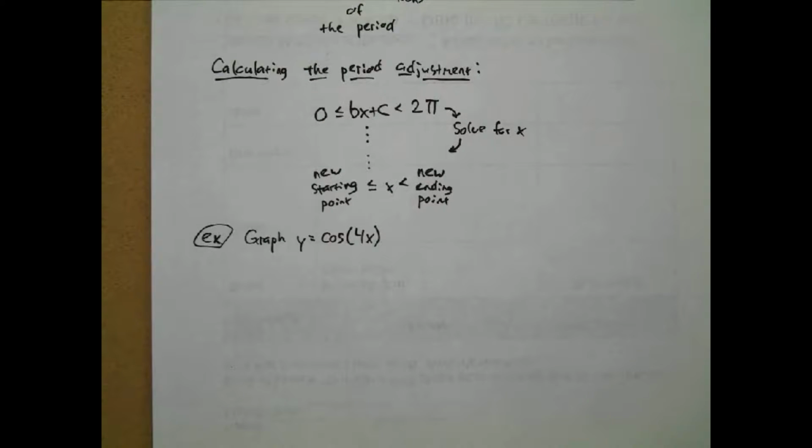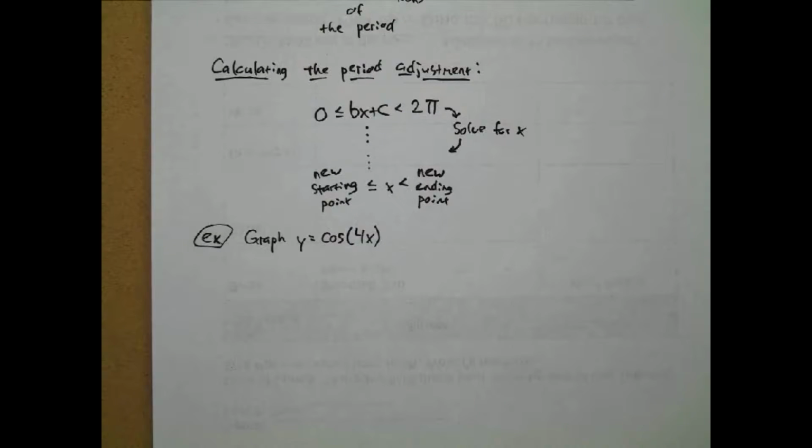Let's graph y equals the cosine of 4x. Okay. So let me ask you this question first. From yesterday, do we have any vertical stretching or shrinking happening here? Is there an amplitude change in this graph? Is there an a value other than 1?